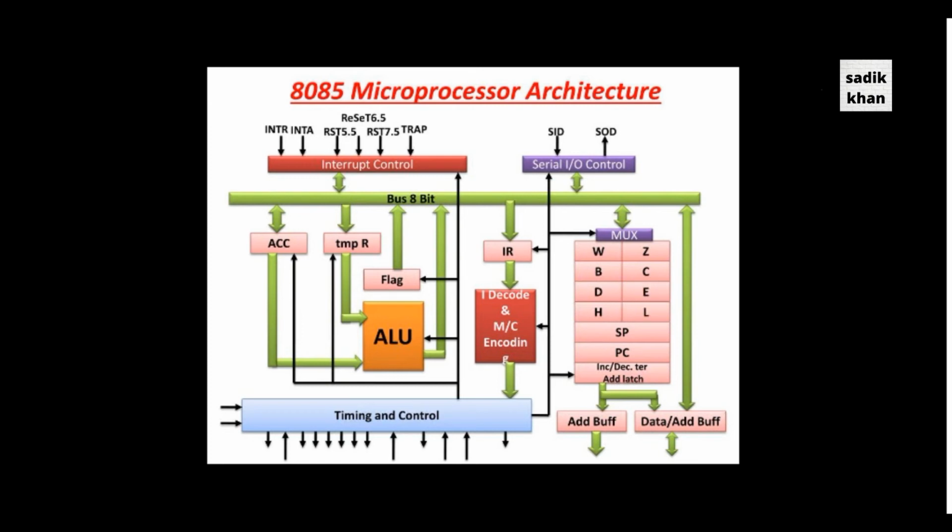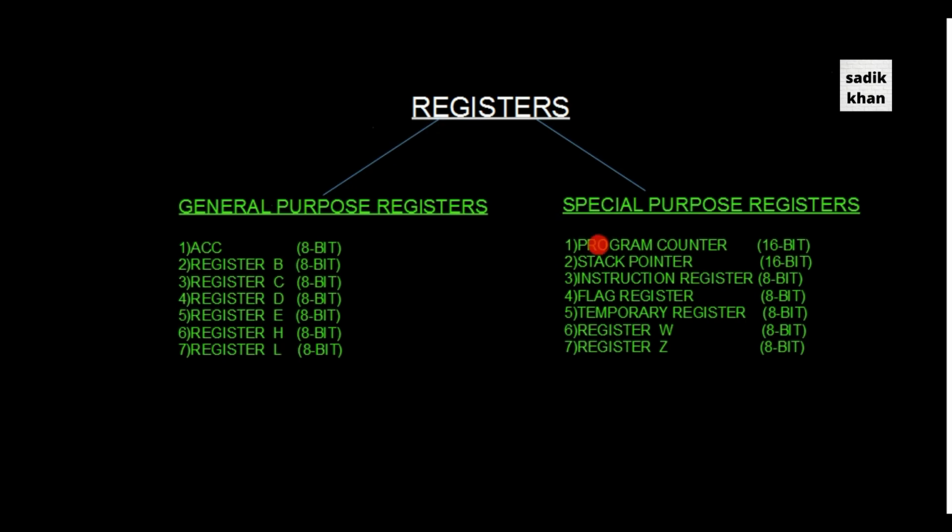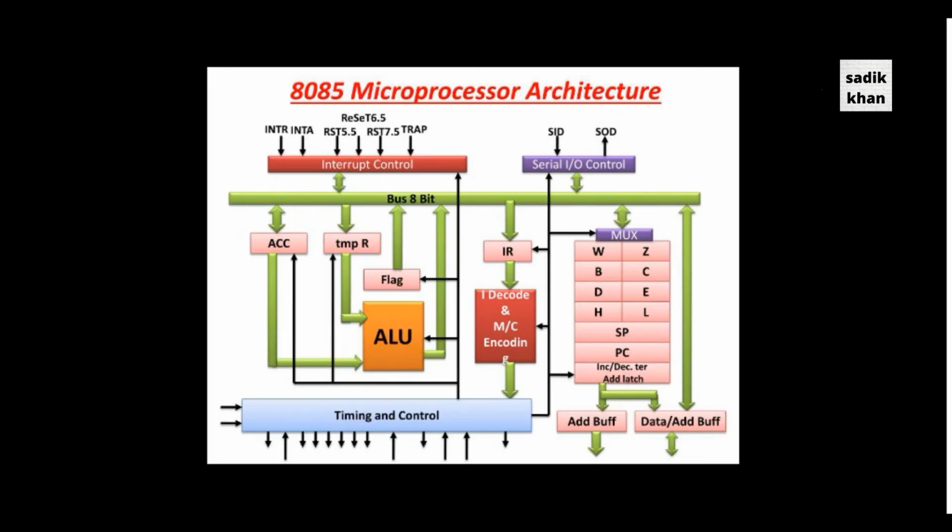Now coming to the special purpose registers: program counter, stack pointer, instruction register, flag register, temporary register, register W, register Z. Now see where these registers are. The stack pointer is here, program counter, instruction register, IR means instruction register, flag register, temporary register, register W and register Z. So these are the special purpose registers.